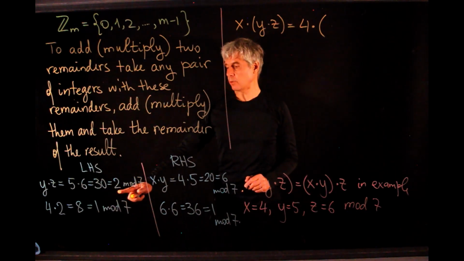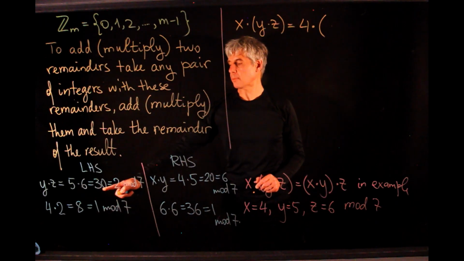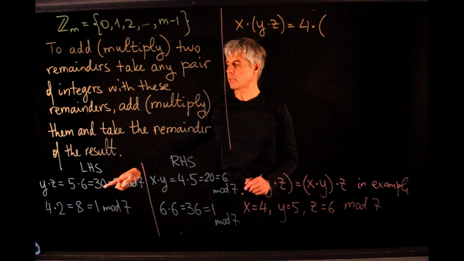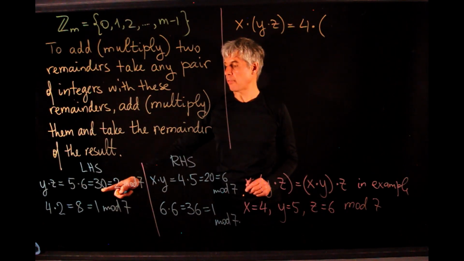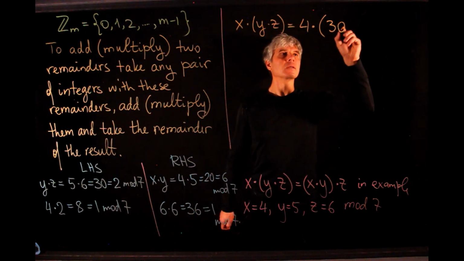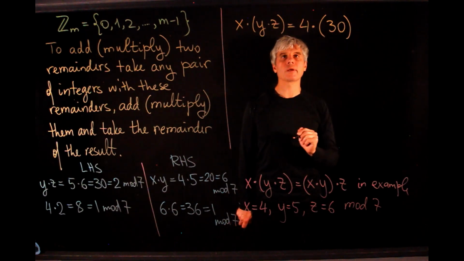But instead of using 2, I'm going to use 30, because using this rule, I'm allowed to use any integer with the remainder of 2. And 30 has a remainder of 2. And so this means that the left-hand side is going to be 4 times 30.